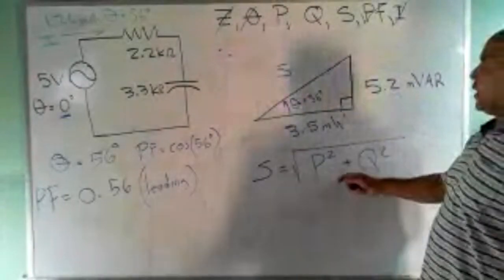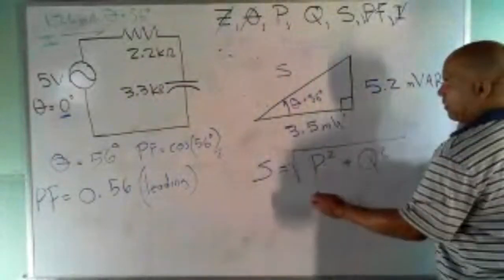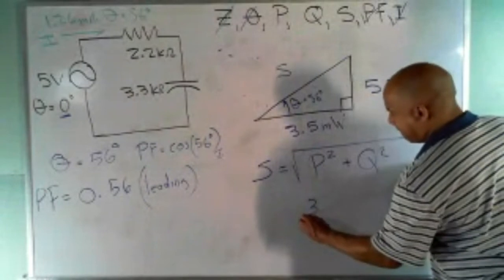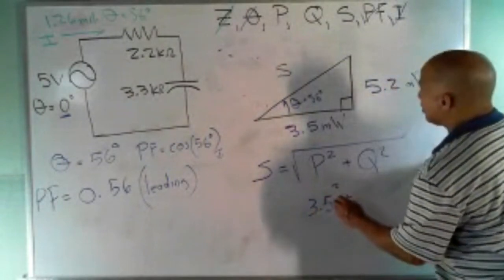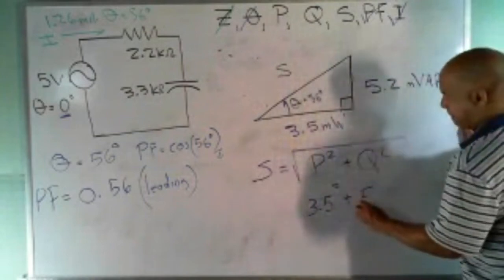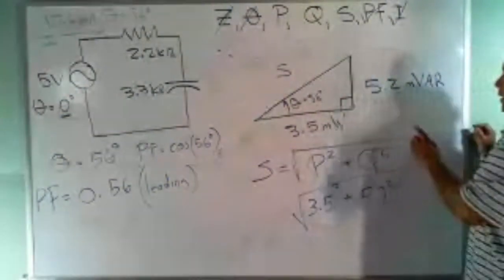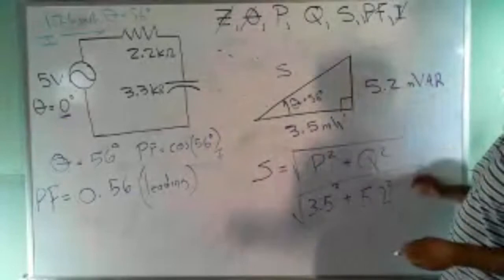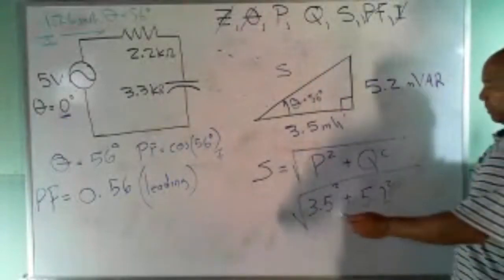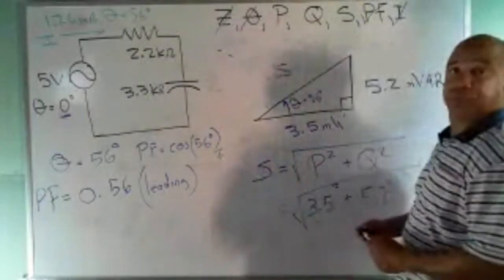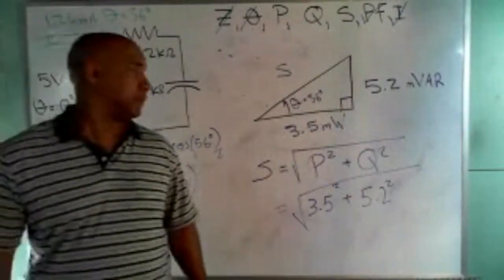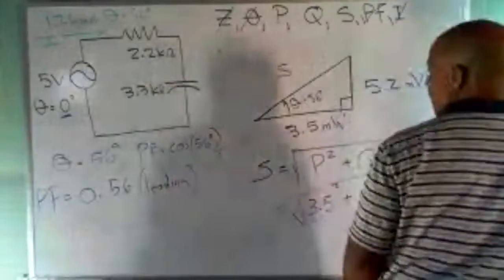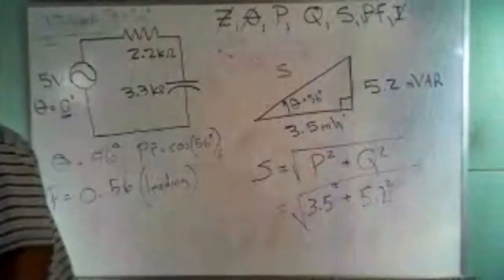So let's do this now. We'll do 3.5 squared plus 5.2 squared, square rooted. And since these are in milli, our answer is going to be in milliVA. So let me know when you got a number for that.